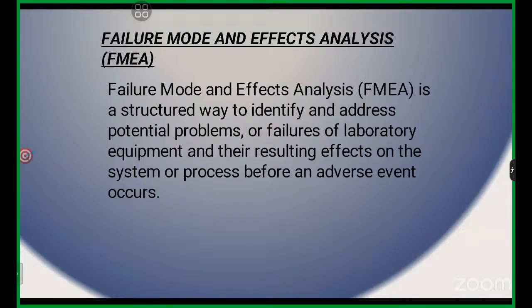So in this FMEA also, we are going to consider not only equipment, we are going to consider also systems. We are also going to consider processes in the laboratory because it can involve processes, it can involve other issues altogether, not only equipment, but majorly it lies on equipment when you're talking about clinical laboratories. But in quality management systems, we can also consider other systems and processes in the laboratories.